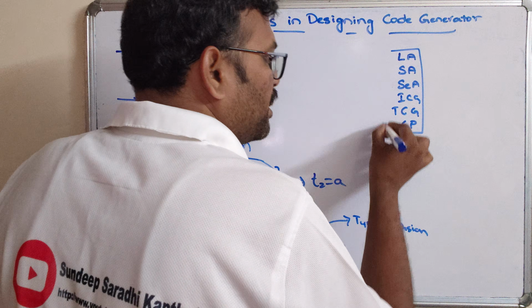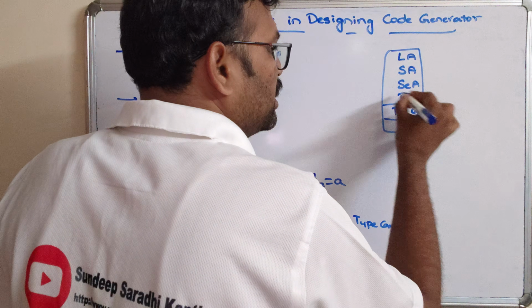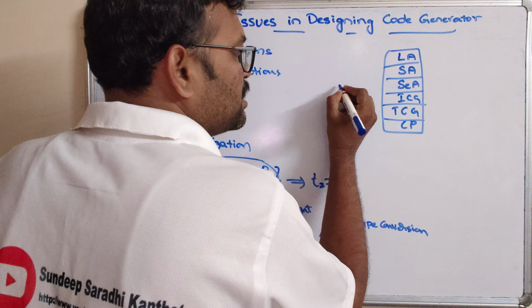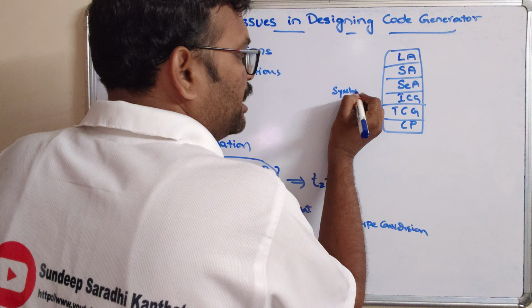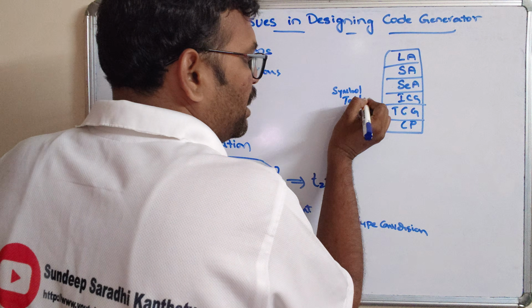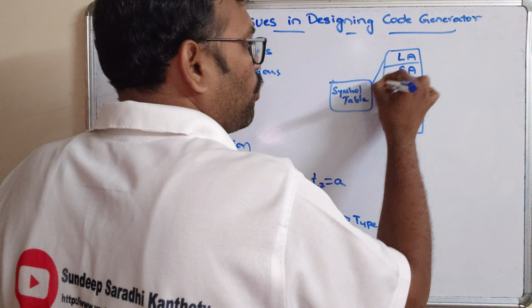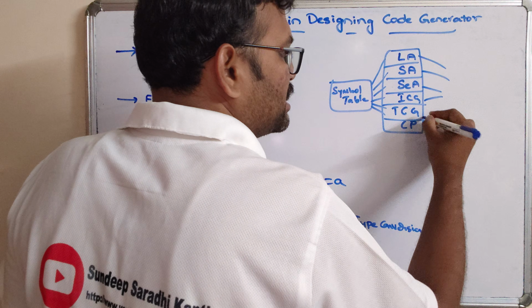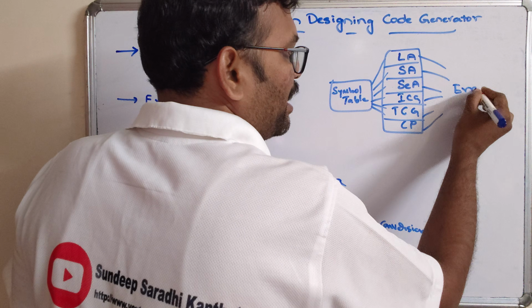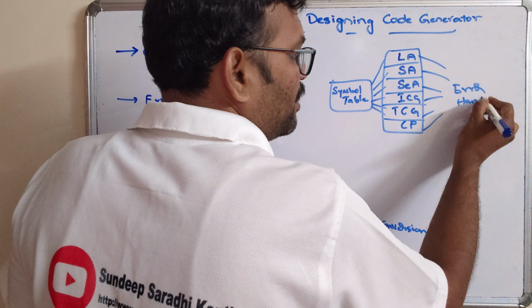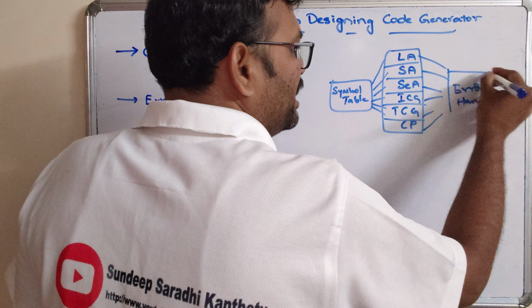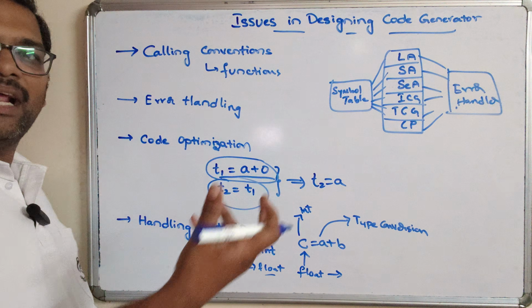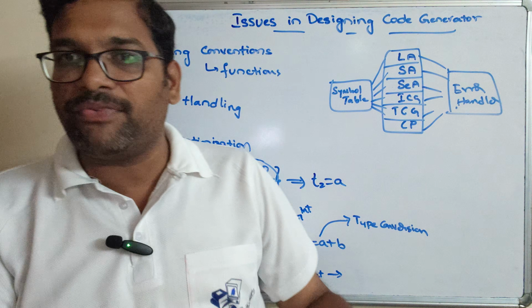So these are all different phases of a compiler which we have studied in our earlier sessions, and one input for everything is a symbol table, and one common output from all these stages is an error handler. Because in each and every phase, whenever there is an error, automatically that error should be reflected.